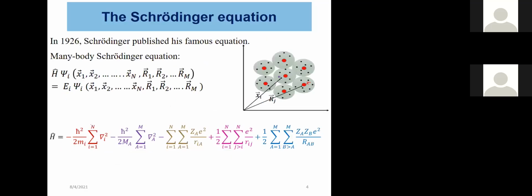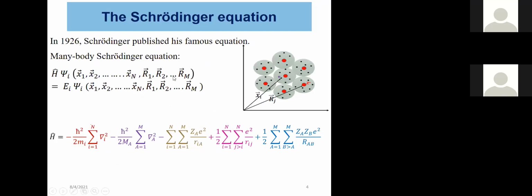In 1926, Schrodinger first gave his Schrodinger equation, which is nothing but a Hamiltonian for a many-body system, where we have a wave function psi composed of the coordinates of all the electrons in the system.